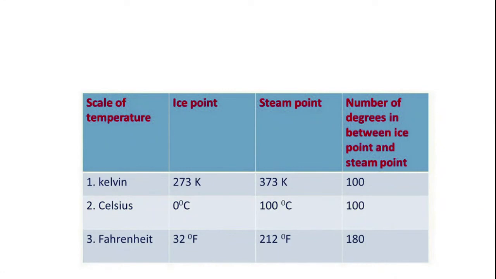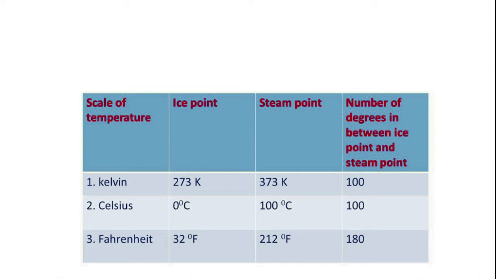Let's see this table. Here are the ice point, the steam point and the number of degrees in between the ice point and boiling point on the three scales. Kelvin scale, ice point 273 Kelvin and steam point 373 Kelvin, and in between the ice point and steam point there are 100 divisions.